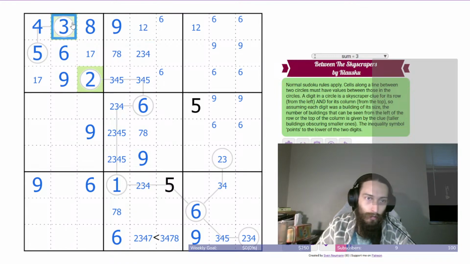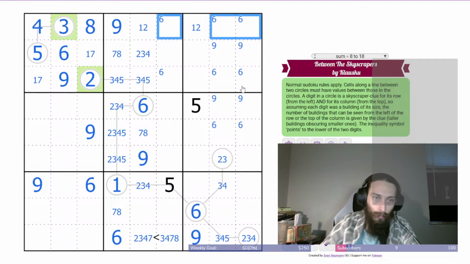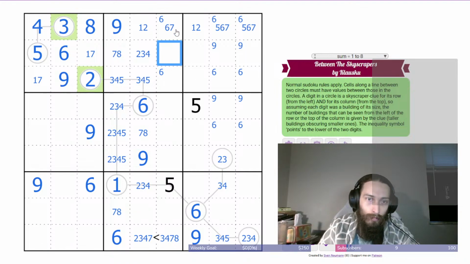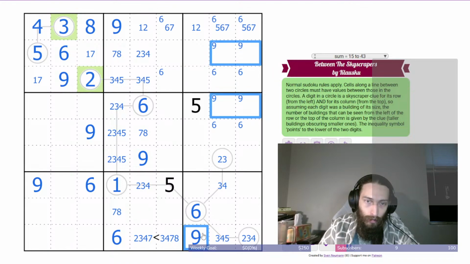This isn't a 3 because there's already a 3 in the row, and now we have a 1, 2 pair. 1, 2, 3, 4, 8, 9. And then the 9's here, and here replace this 9. I didn't explain that earlier.